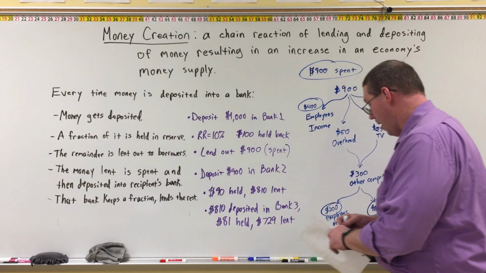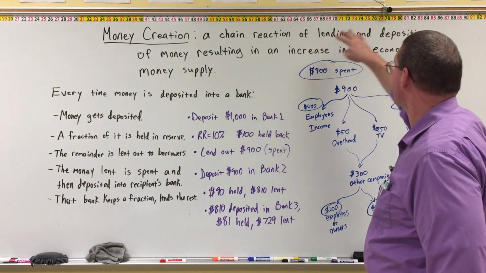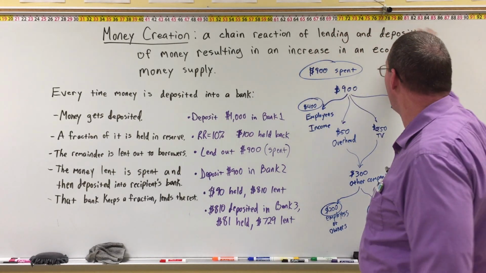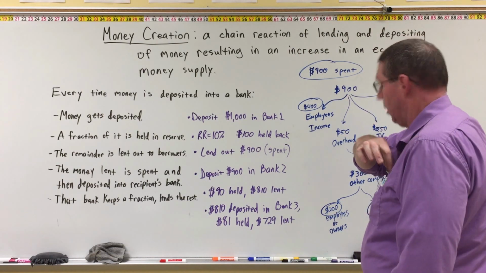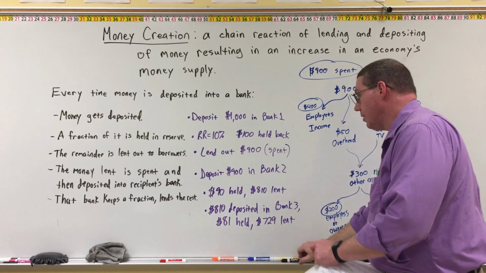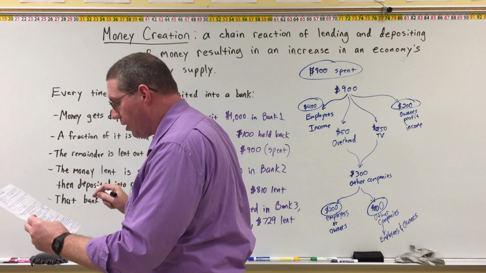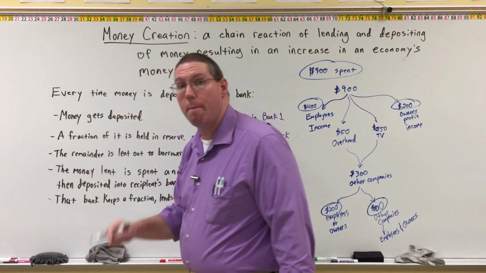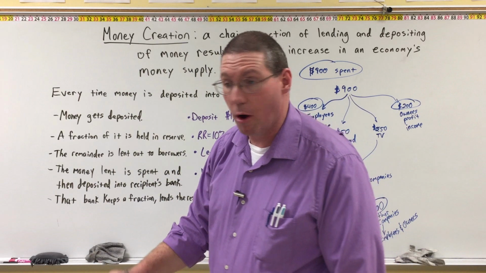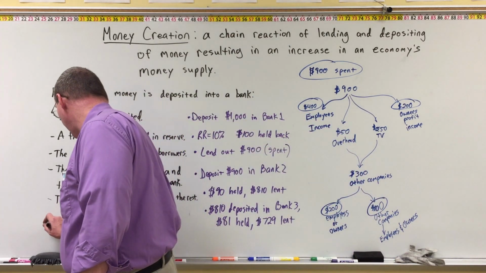Okay? And this cycle, this chain reaction of lending and lending and depositing of money is going to continue. The cycle continues until the fraction becomes $0. I'll show you what I mean by that.